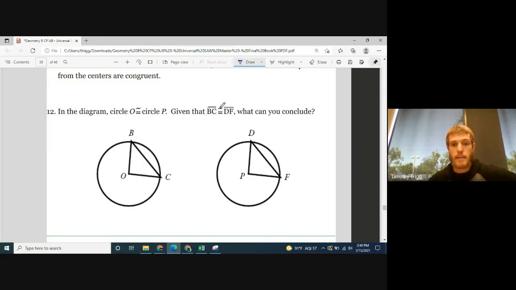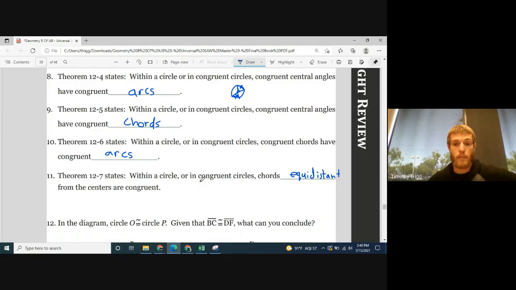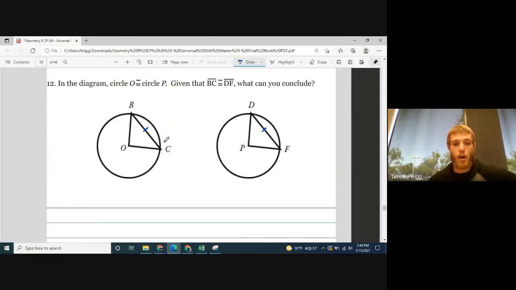Given that BC is congruent to DF. So BC, this length here, is congruent to DF. So we have two congruent chords. So because we have two congruent chords, what can we say? Congruent chords have congruent arcs. Okay, so then that means that arc BC is congruent to arc DF.